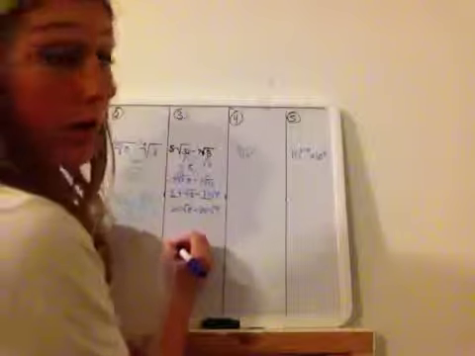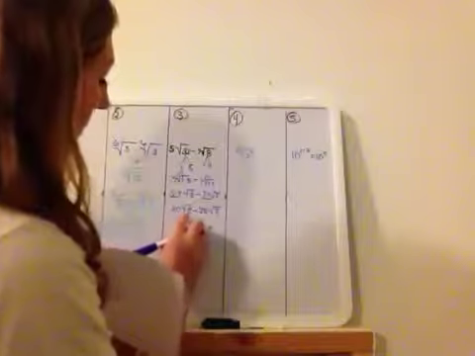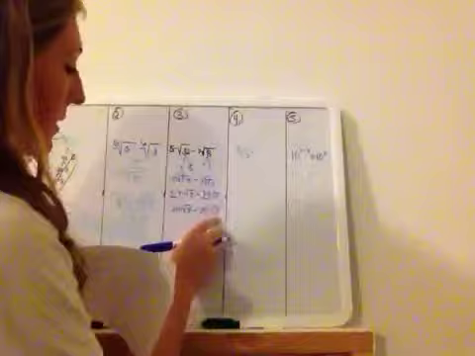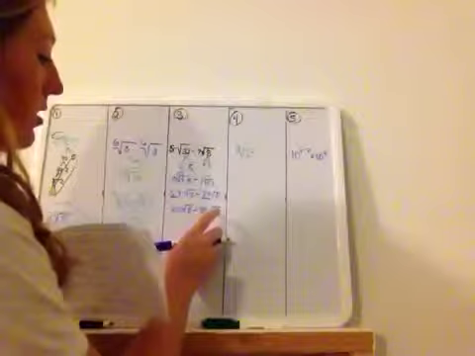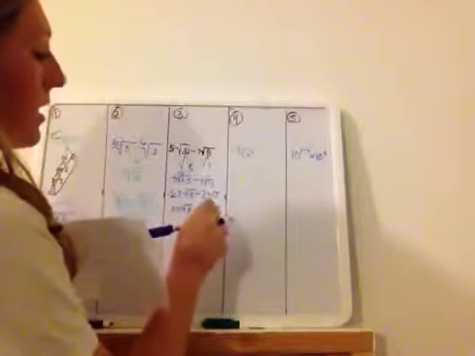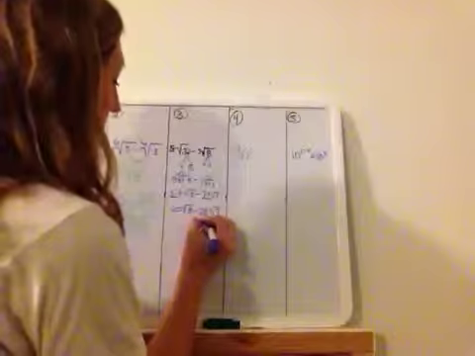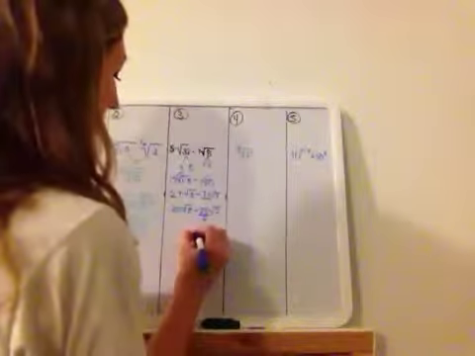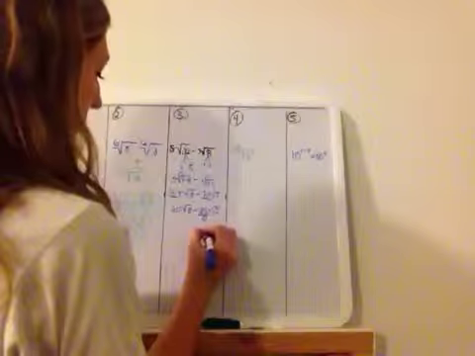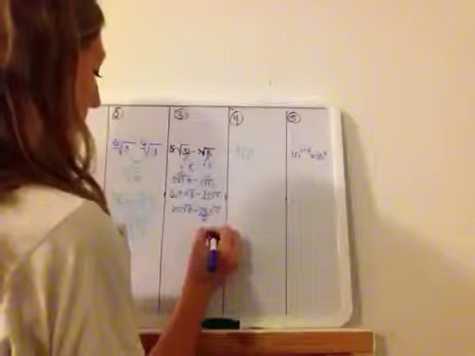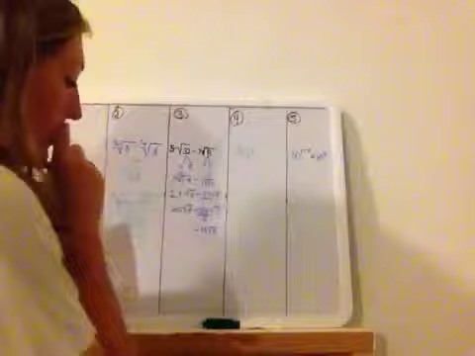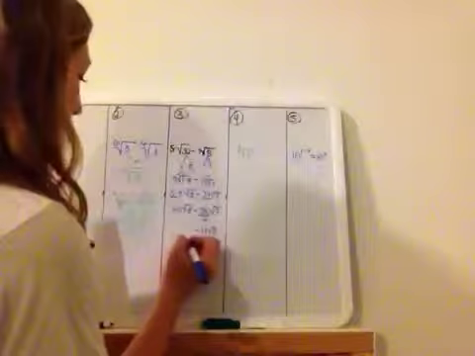Since 2 is not a perfect square, it can't be squared, it's going to stay inside the radicand. Okay? And we're going to divide 28 by 2. So negative 14, radicand 2.